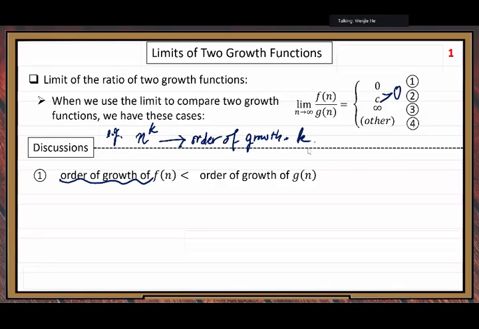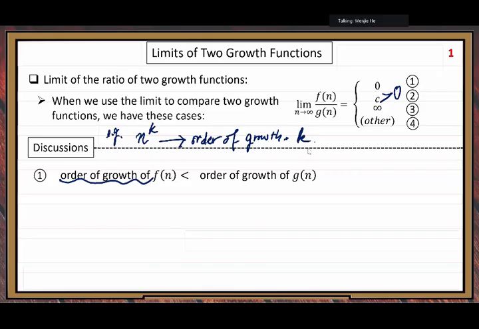But for this simple monomial case, our power function, the order of growth is simple. So the order of growth of the f function is less than the order of growth of the g function. So that's case 1.